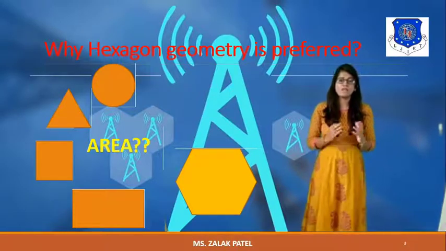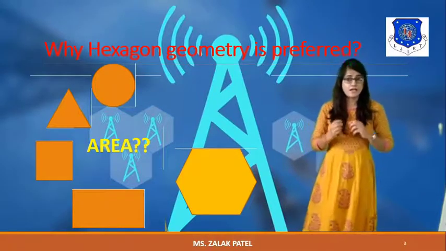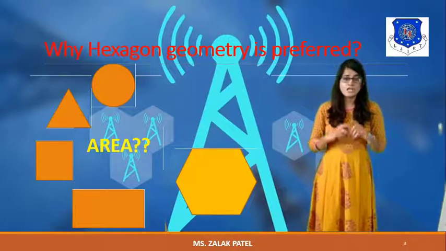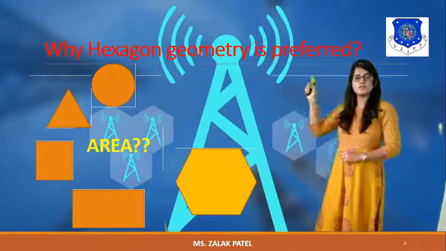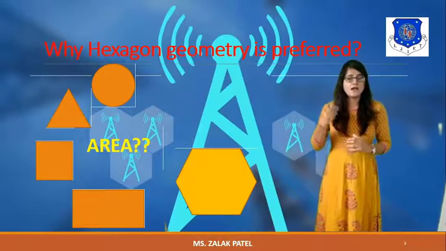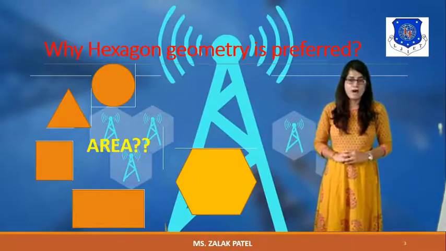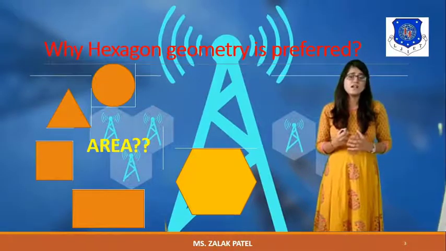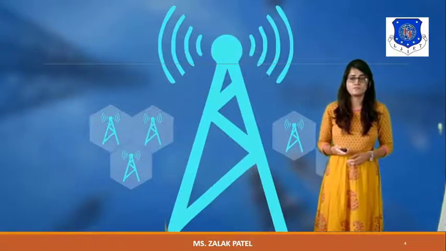Even the hexagon's radiation pattern is more directional compared to the other shapes' radiation pattern, or we can say that we can use a directional antenna to cover the complete area by itself. So that's why hexagon geometry is generally preferred.